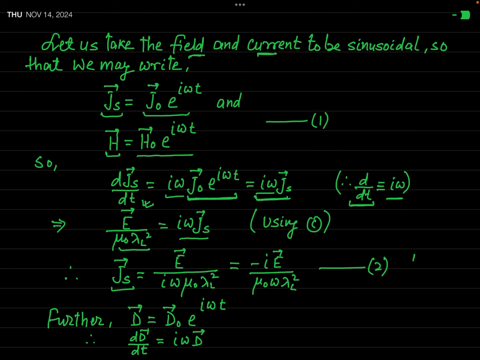But you know that 1 over iota is equal to minus iota. So this result is written as minus iota E over mu naught omega lambda L square. This is the expression for the supercurrent density Js.